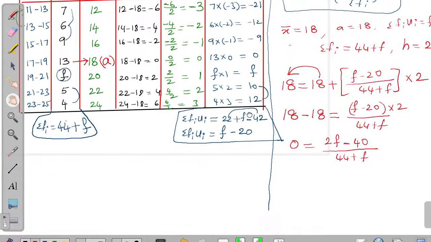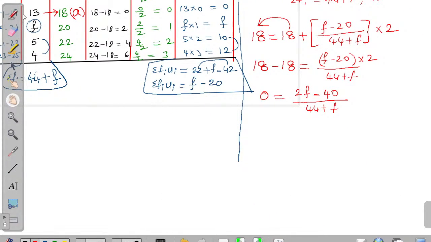Now if you transpose this to the other side, it becomes multiplication: 0 into (44 plus f) is equal to 2f minus 40.